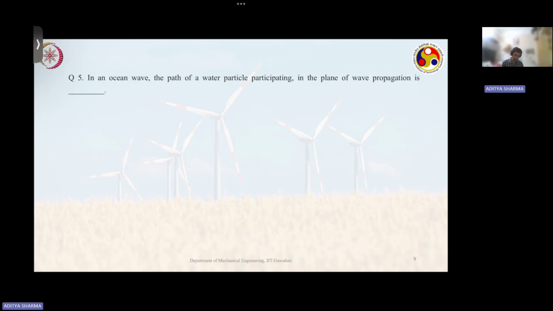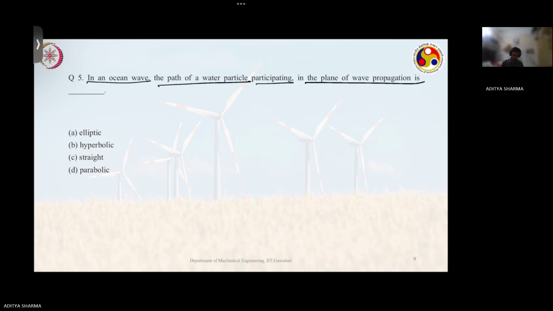Question number five: in an ocean wave, the path of a water particle participating in the plane of wave propagation is elliptical, hyperbolic, straight, or parabolic. So I have discussed it.